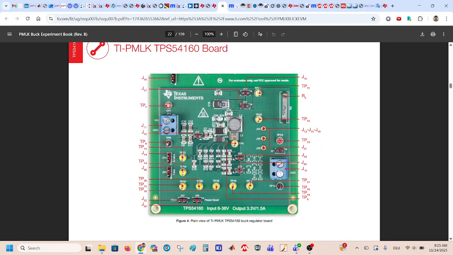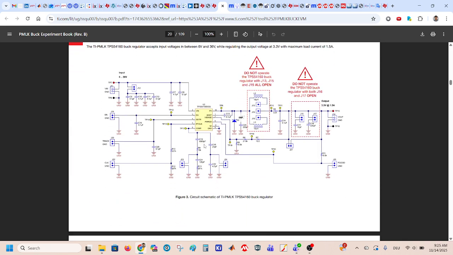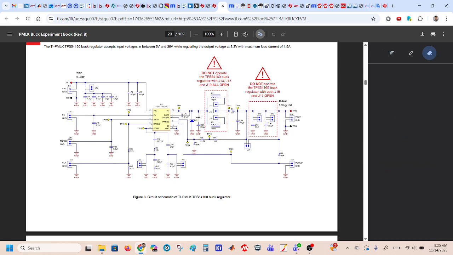Input stage and output stage. So let's try to summarize what we did yesterday.